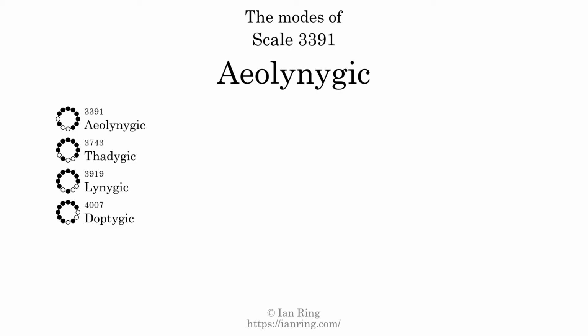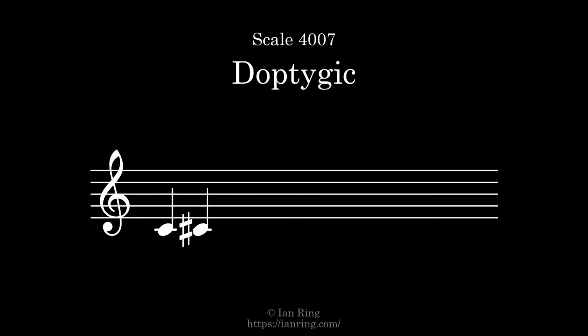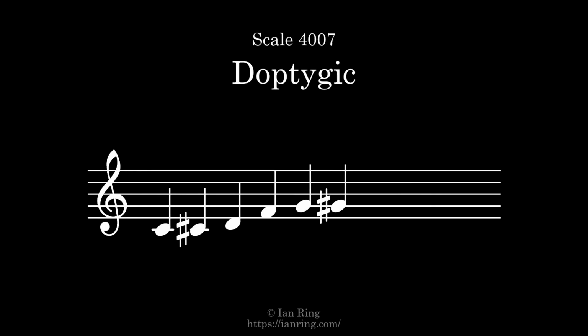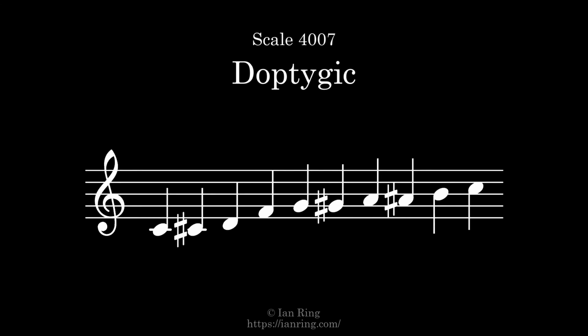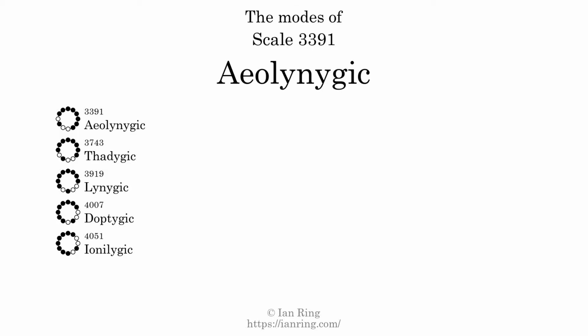The fourth mode is scale 4007, also known as dopterygic. It sounds like this. The fifth mode is scale 4051, also known as Aeolynygic. It sounds like this.